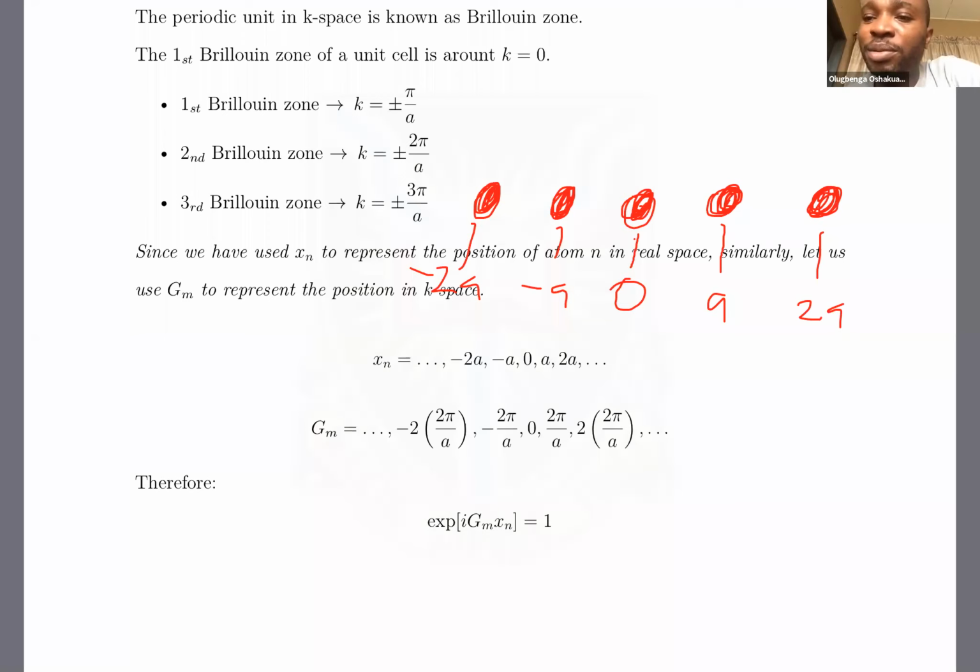But in the reciprocal lattice space, we'll be talking about this being at the origin, but this is at k point 2 pi over a, and this will be 2 times 2 pi over a. This will be minus 2 pi over a, and this minus 2 times 2 pi over a.